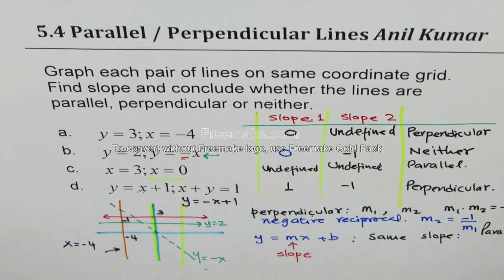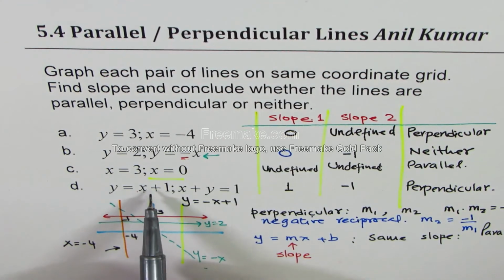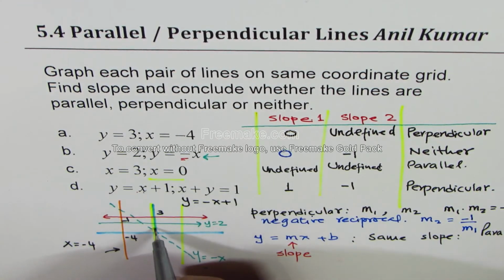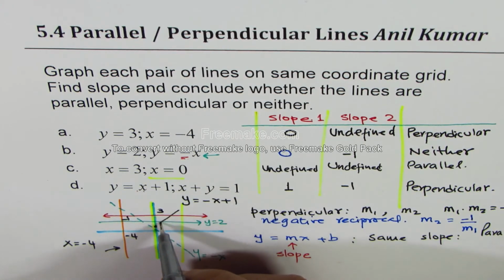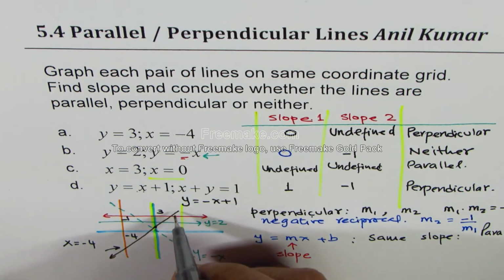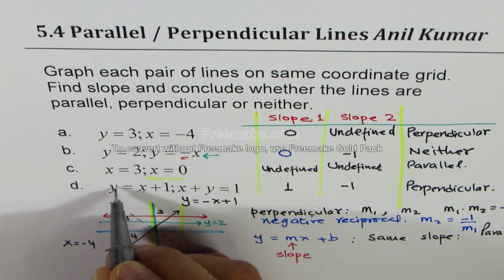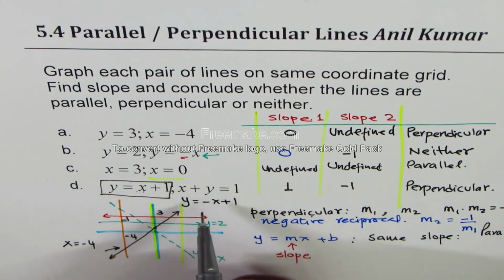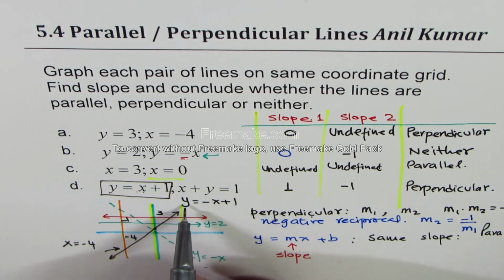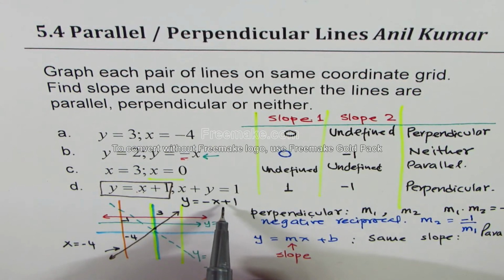Now, let us sketch these lines also. When I say y equals x plus 1, it means 1 is my intercept and the slope is 1. So the line will be kind of like this. So this line is y equals x plus 1. How about that other line? It says minus x plus 1.